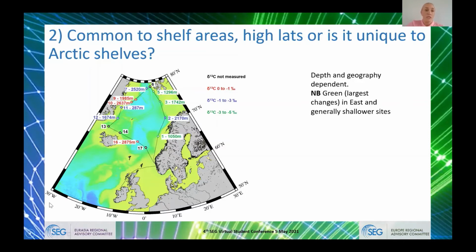You can also see, for example, station 12, which is approximately 700 meters, and station 3, which is at the same water depth. They have different values. The one on the east side has a more negative delta C13 than the one on the west side. So it seems like there's some difference due to the geographical situation of the station as well. Then we wanted to investigate if there is more carbon being added at the stations on the east side.